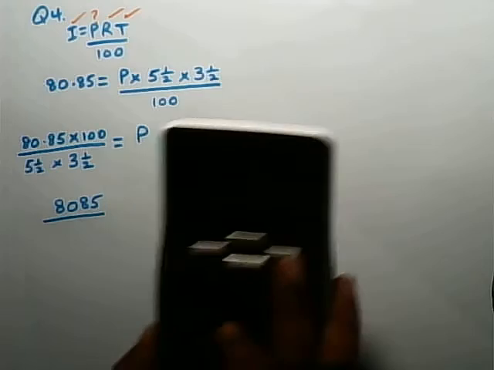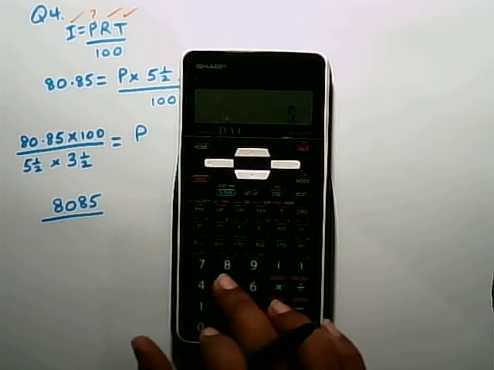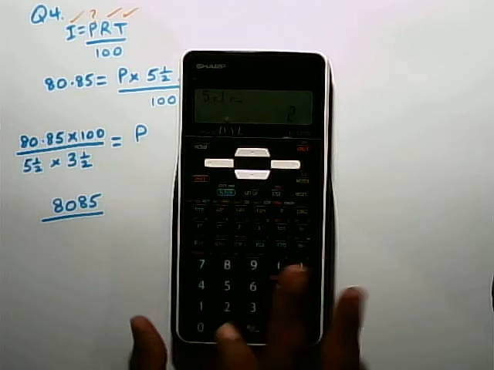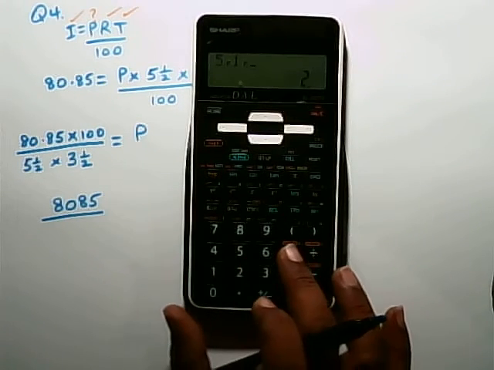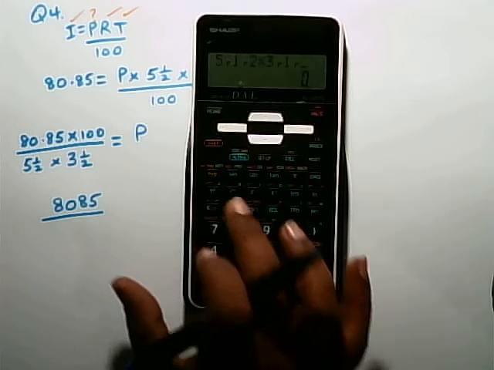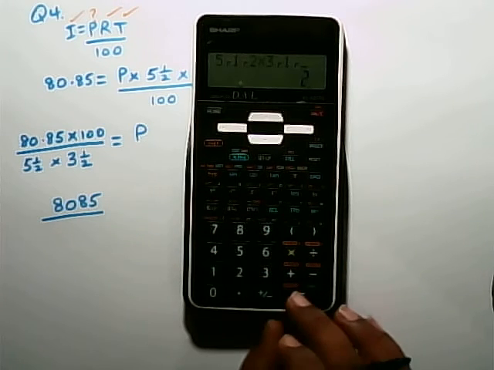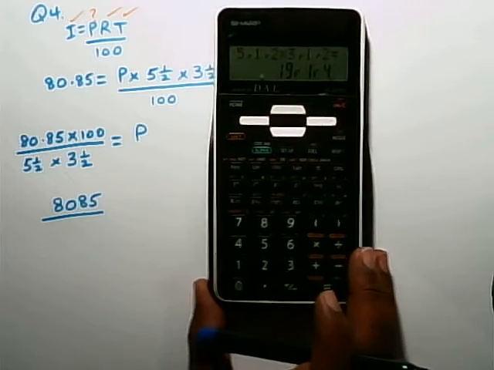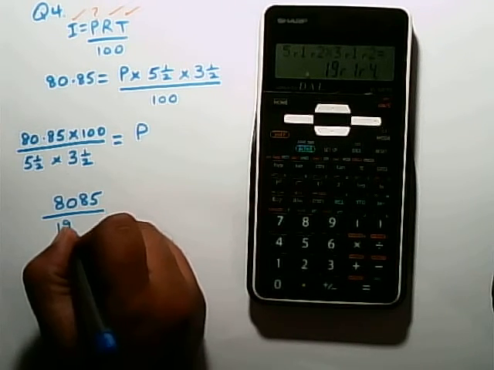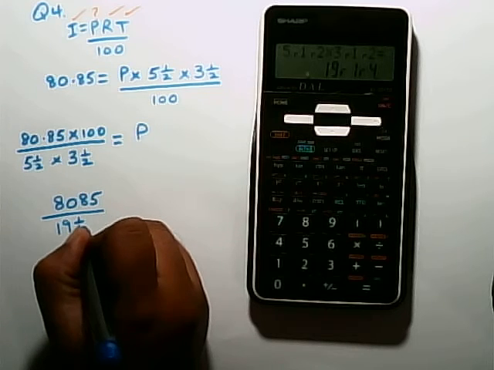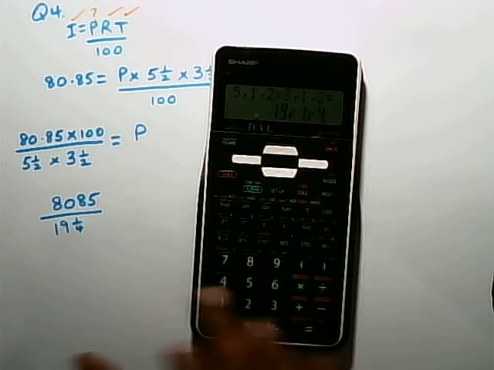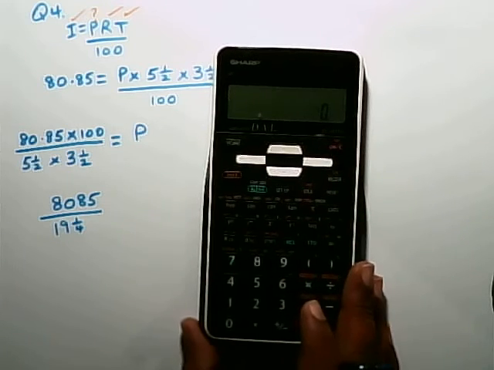Next, we could work out the underneath. 5 fraction button 1 fraction button 2. That's 5.5 times 3 fraction button 1 fraction button 2. That's 3.5. I get 19.25. That's one way you can work it out using your fraction button, which I encourage you to do.